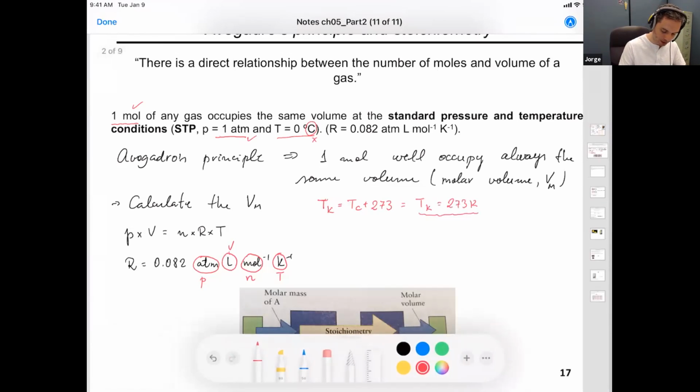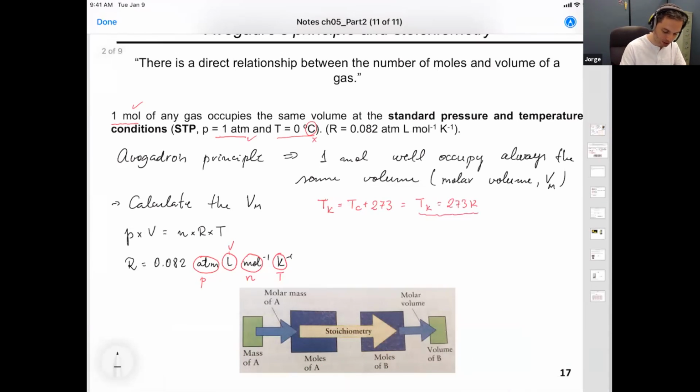Now we can replace all the information in the equation. Pressure is 1, volume is what I'm looking for, and that's called molar volume. Number of moles is 1, R is 0.082, and temperature 273.